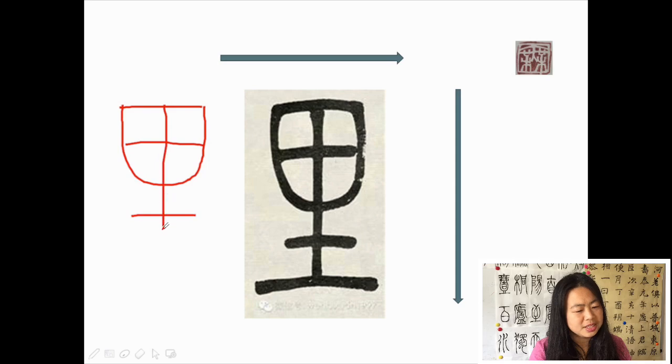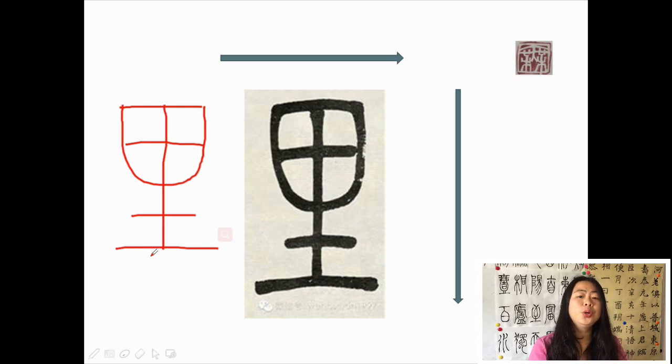By the way, because I draw it on the screen, I can't keep my mouse straight. When we write with a brush, the horizontal stroke should be very straight. Now the last one. This is the order in which we write this character.